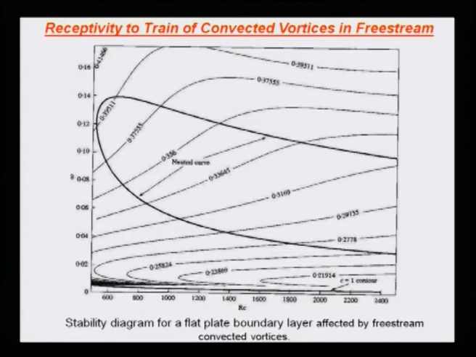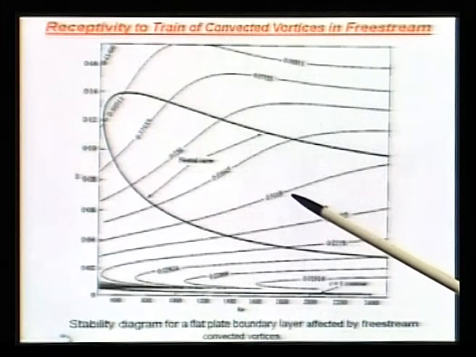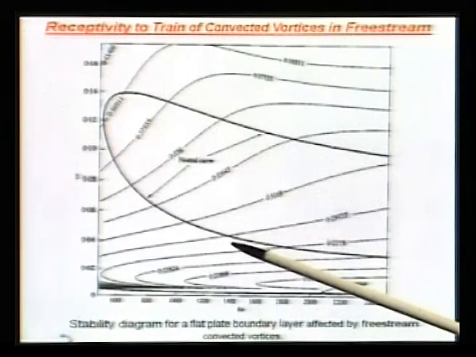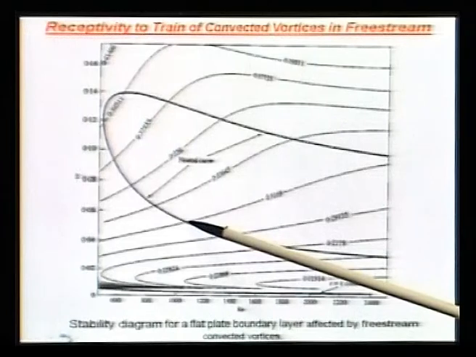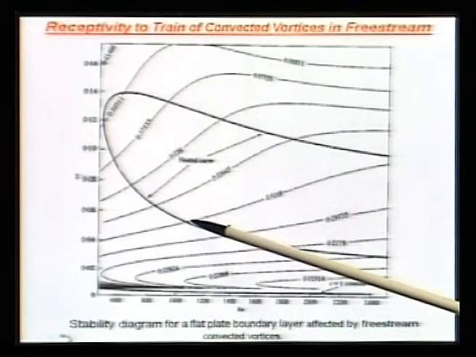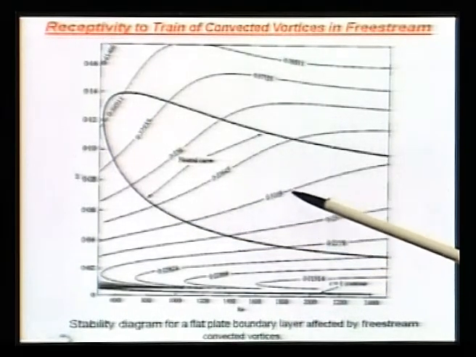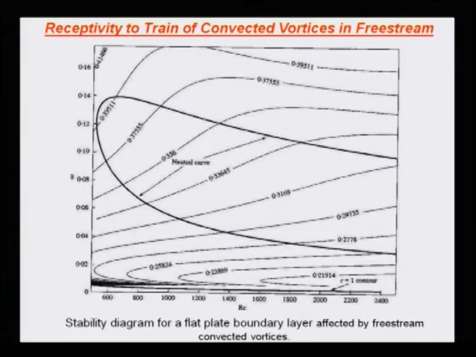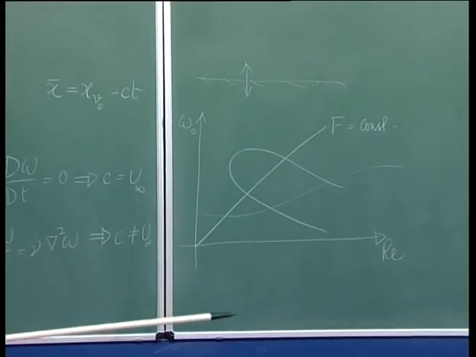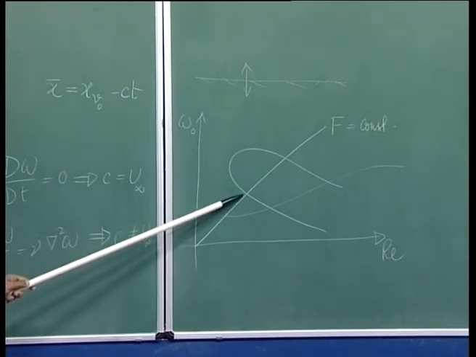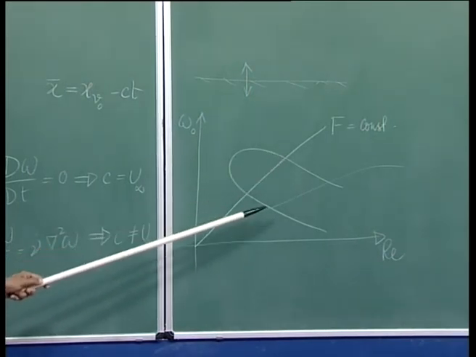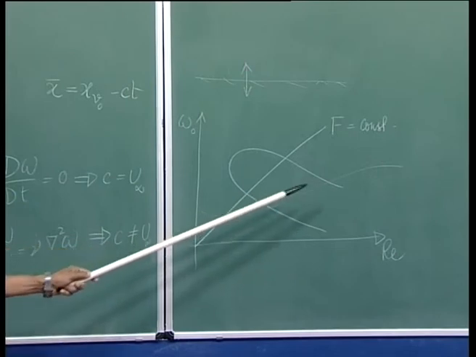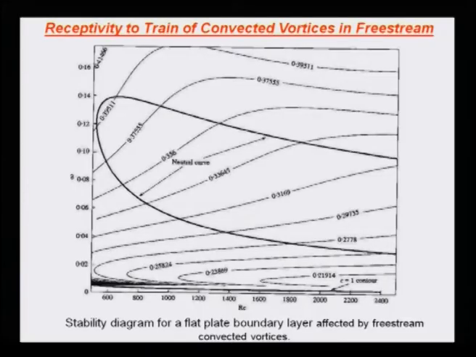See, for example, this case 0.3169, it enters the neutral loop here. So it becomes unstable here, and then it remains unstable for a long, long stretch. This is significantly different from this monochromatic wall excitation. There it just enters here, exits here. And now you see it enters here, exits there. But there could be even other cases where it would be actually going in and going there.